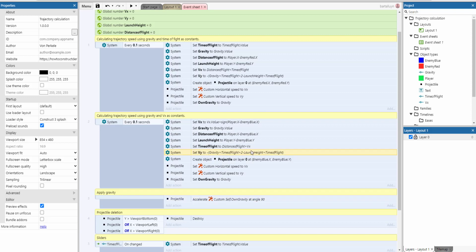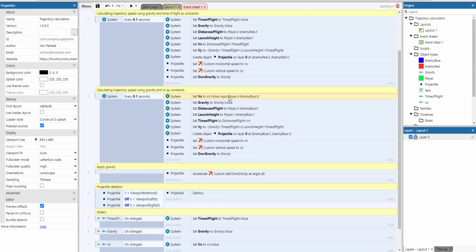But you'll see that instead of having the time of flight as a given, we will calculate the time of flight. The time of flight being the distance of the flight divided by Vx, and Vx is just the value which we set using the slider. There's one small connotation here.